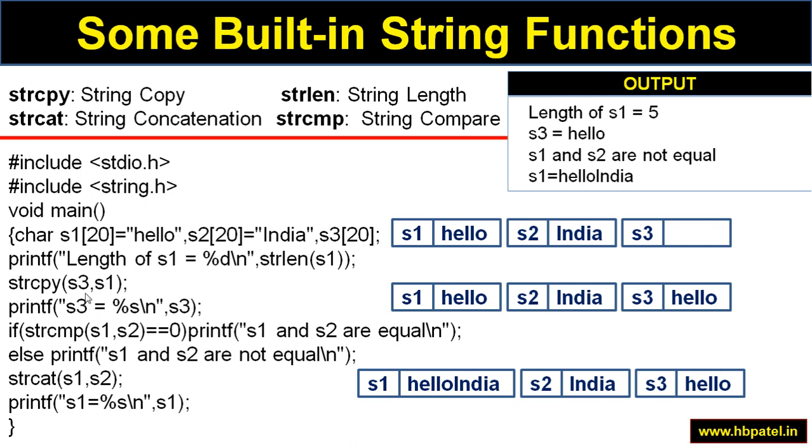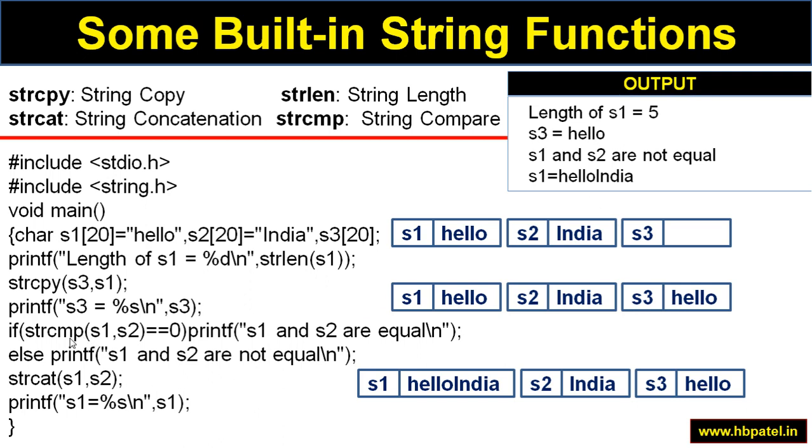Initially I don't have anything in S3, I have hello in S1. When I run string copy, S1 will be copied into S3, so S3 is now also hello. When I print S3, it will print S3 equal to hello.